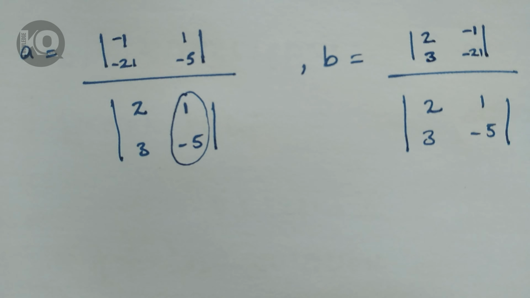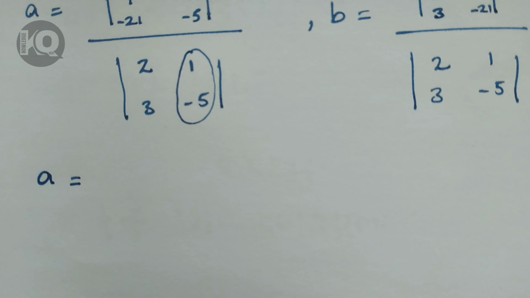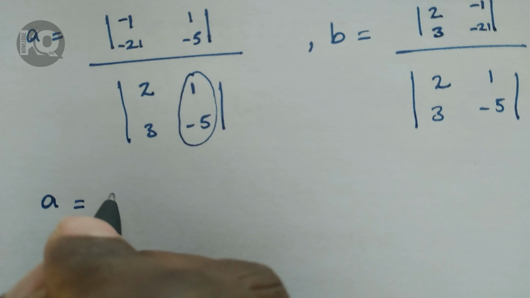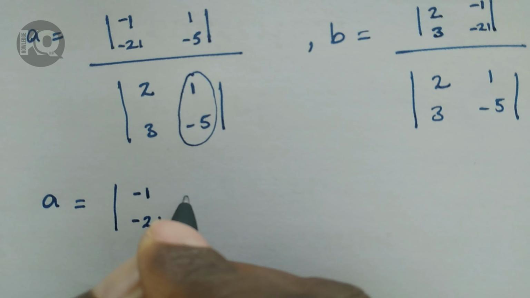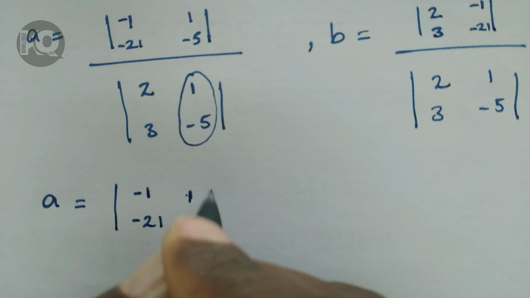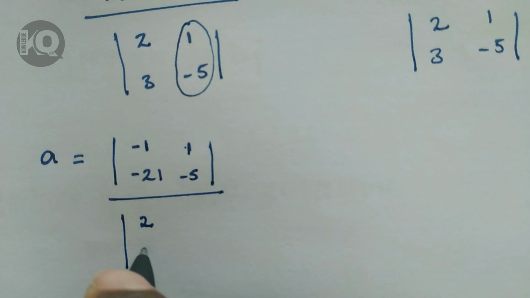The last step of determining the values of a and b is simply calculating the determinant of the coefficient matrix, which is the denominator, and the determinant of the numerator. So for a, let's find the value of a. That's the determinant of minus 1, minus 21, 1, minus 5, divided by the determinant of the coefficient matrix.